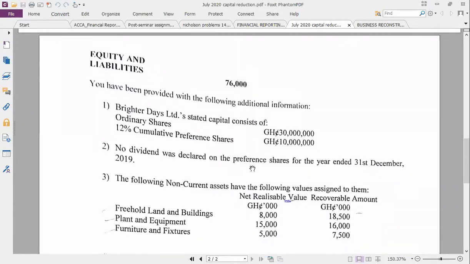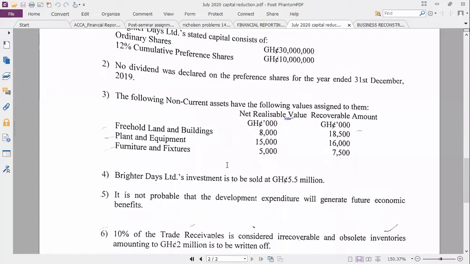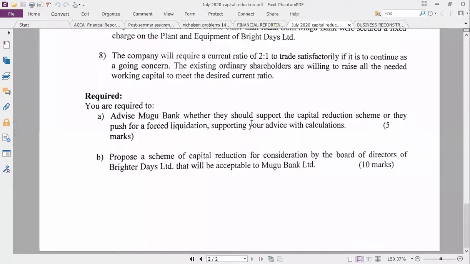Okay. So let's go to the requirement again. Advise Mugu Bank whether they should support the capital reduction scheme or they should push for a forced liquidation, supporting your advice with relevant calculation. So here they are just looking for the statement of liquidation, and after that you analyze the position of Mugu Bank and advise them.